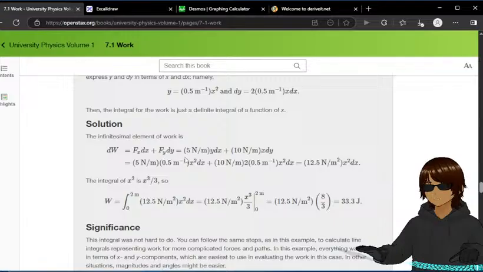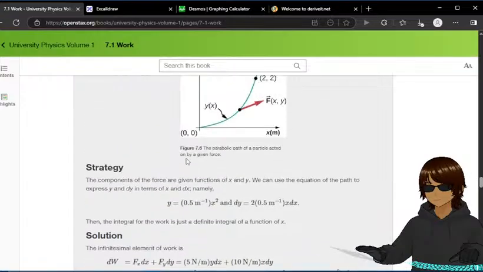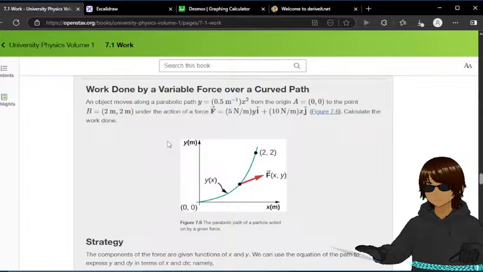So 5y dx plus 10x dy. Then we have 5 times this dx. Wait a minute.